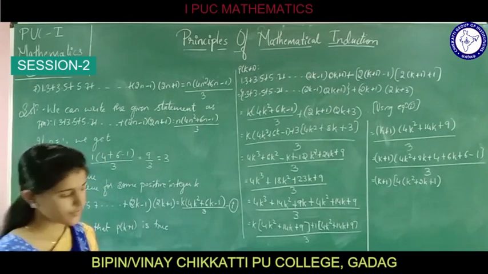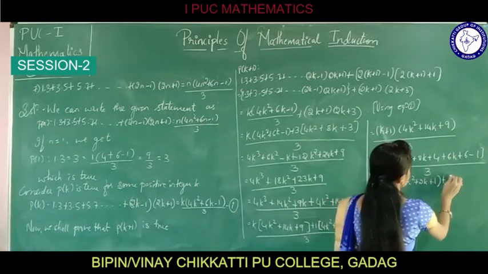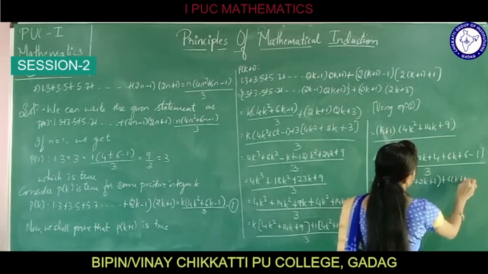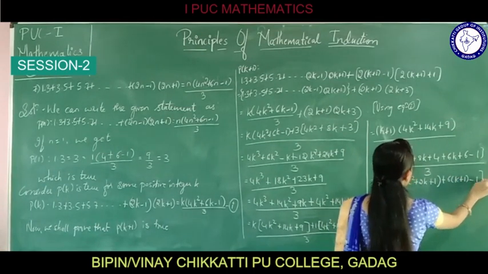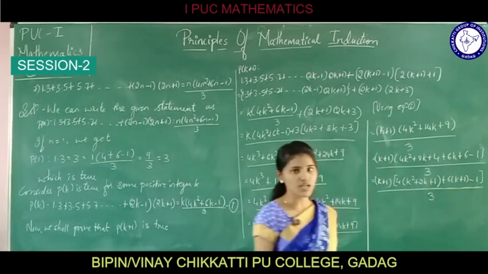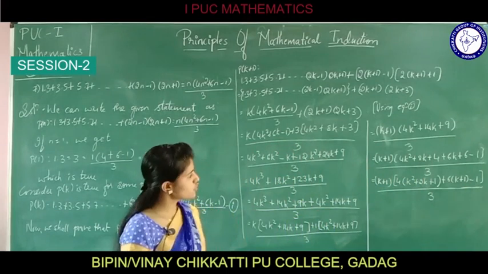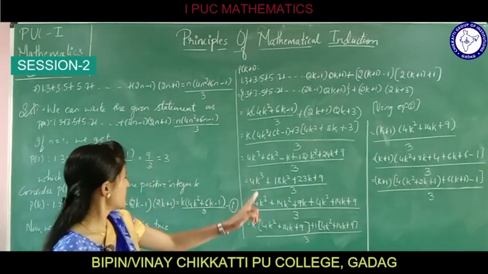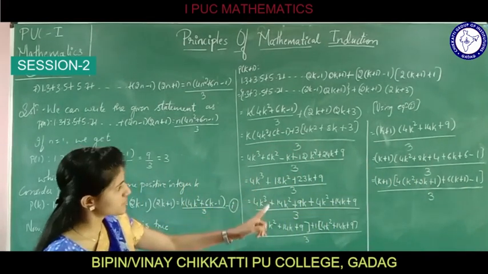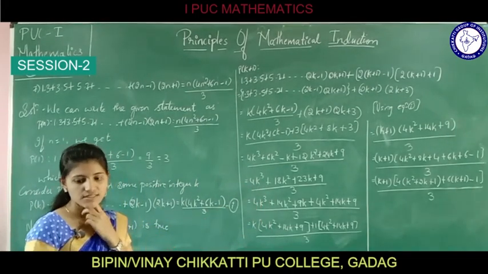Then this left with plus 6 is common, plus 6 into k plus 1 minus 1 divided by 3. Now what we are going to write, k plus 1 into 4 times of k square plus 2k plus 1 plus 6 times of k plus 1 minus 1.